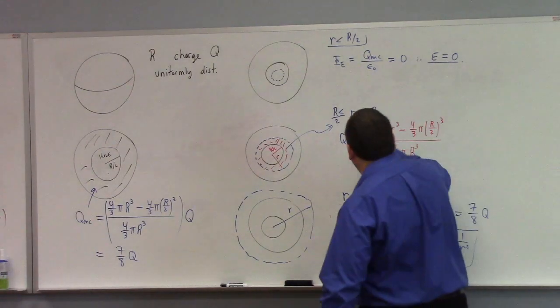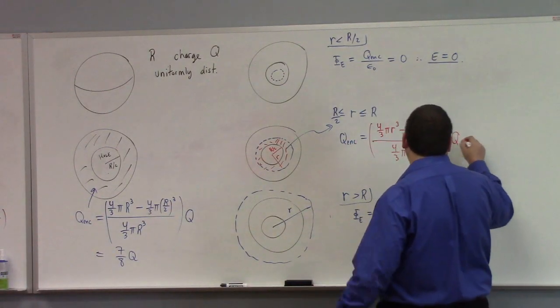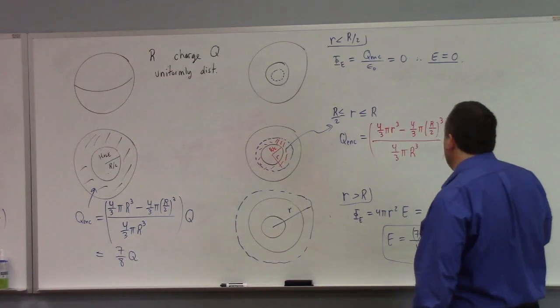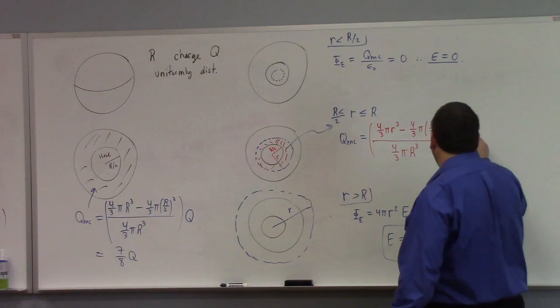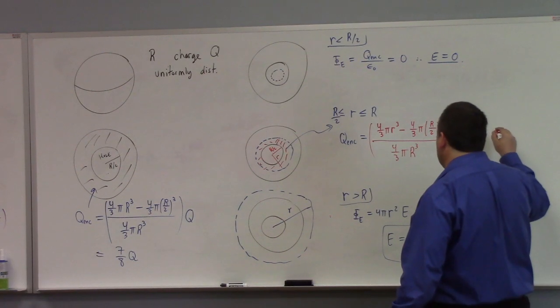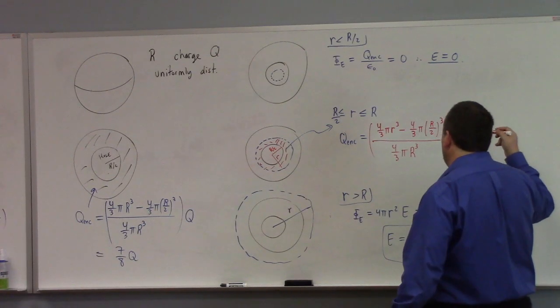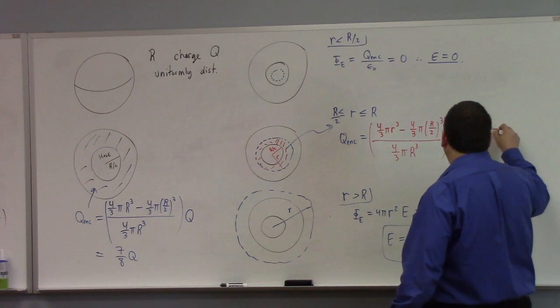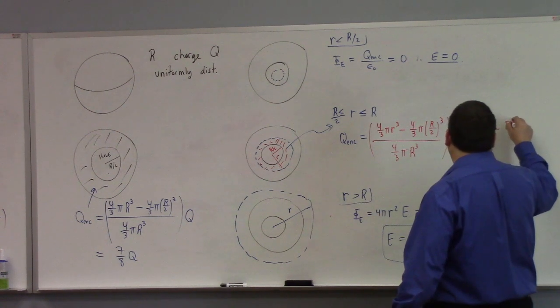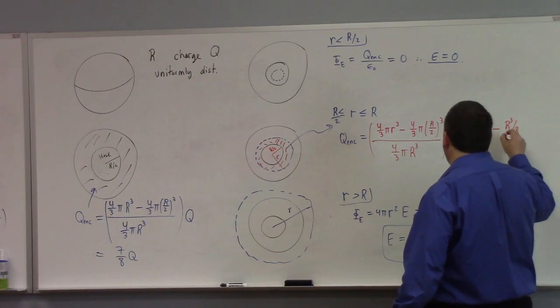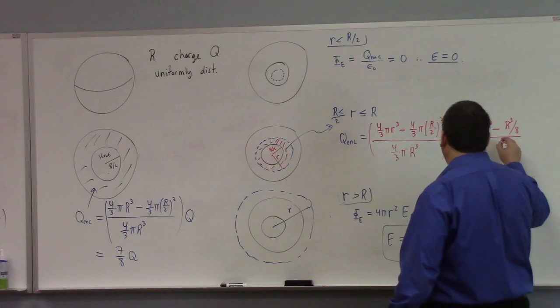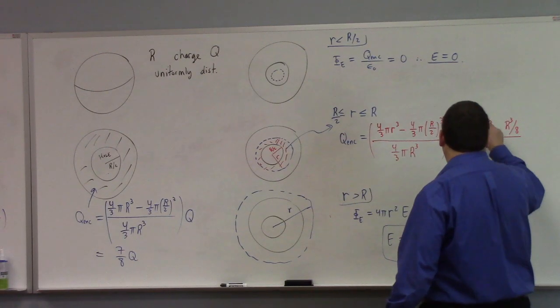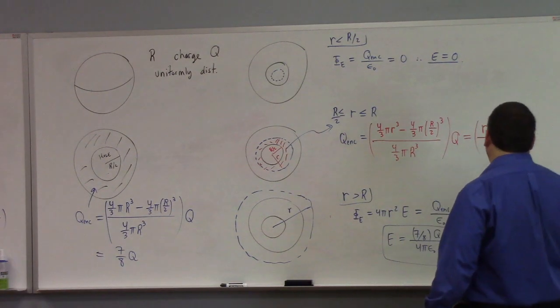So total charge is given to be Q. This time it's a little more complicated, but we can cancel the 4 pi over 3, and we just get r cubed minus big R cubed over 8, divided by big R cubed, times Q. That's the formula for it.